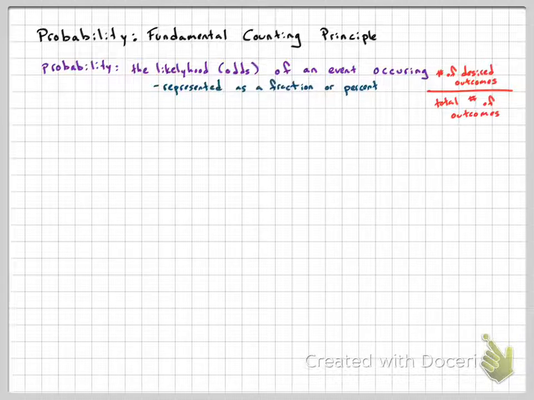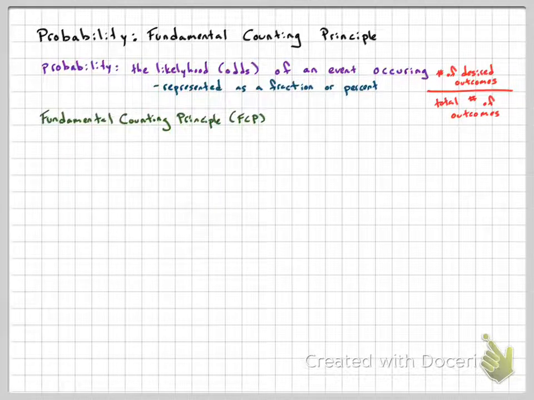So in order to find the probability, the first thing that you're going to have to find is the total number of possibilities. We also call that the sample space, so the total number of outcomes. That goes in the denominator. Then what goes in the numerator is your total number of desired outcomes. So if we're trying to find the probability of an event happening, it's the number of desired outcomes divided by the total number of possible outcomes.